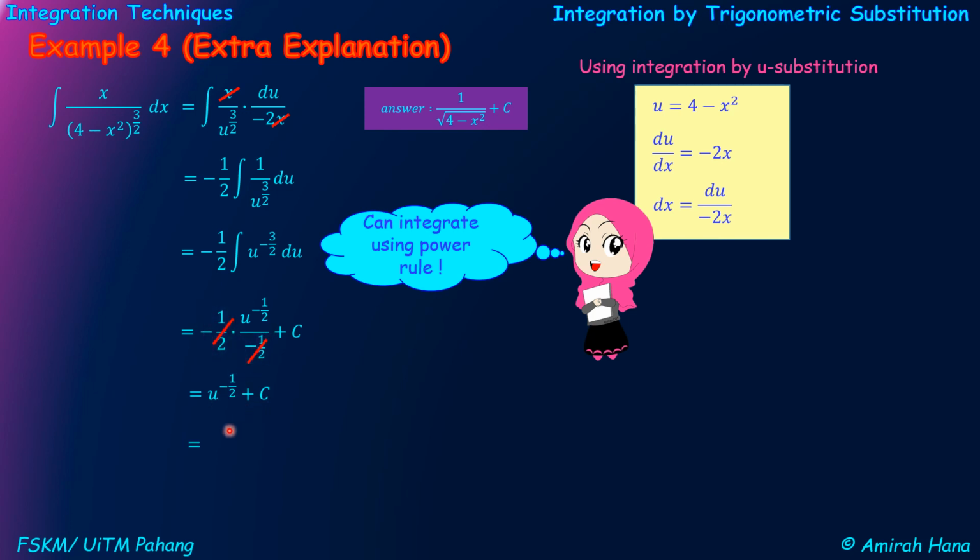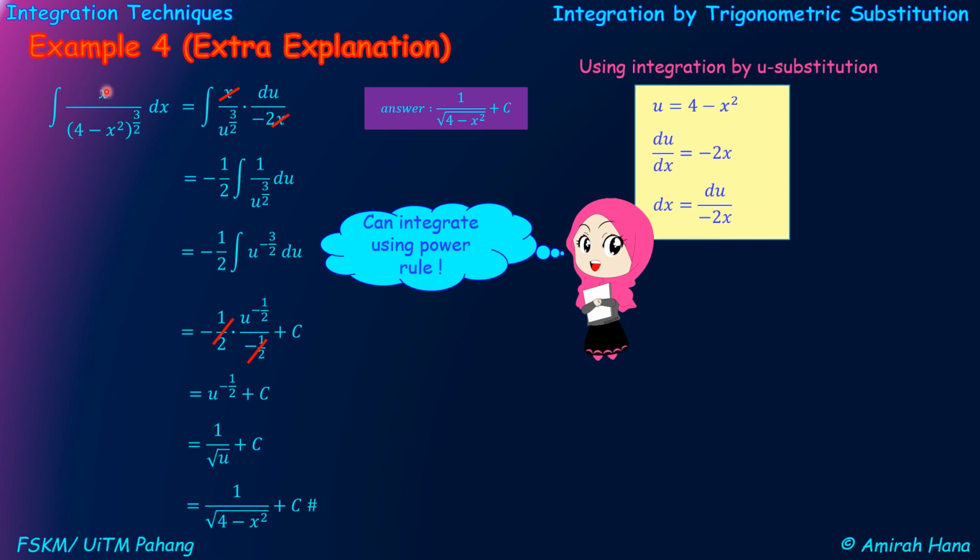Using properties of indices, we can write 1 over u to the power of positive half, or square root of u, and then plus c. After that, we can replace back our u equals 4 minus x squared.